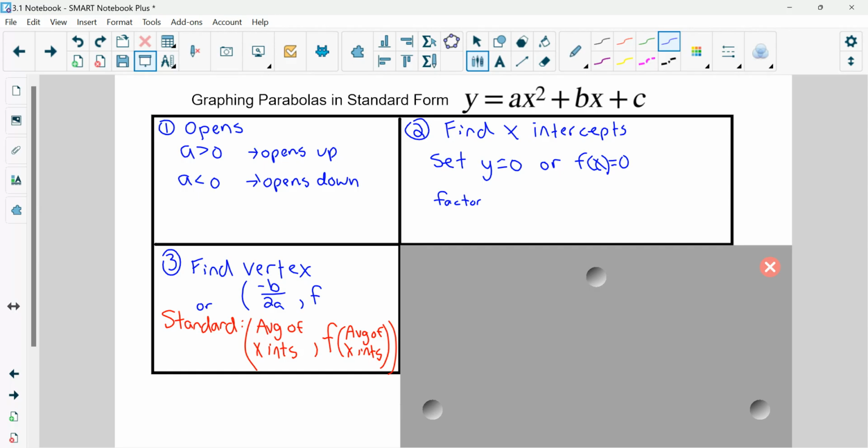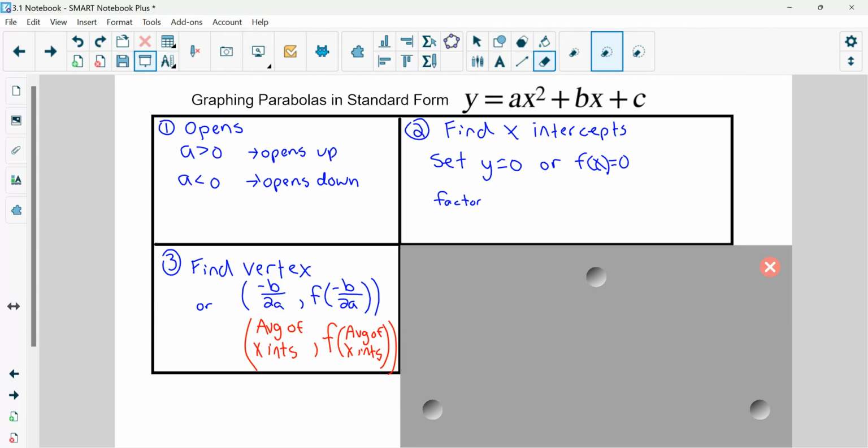And then you'd also have to find the y value for that, so then it'd be f of negative b over 2a. So it is up to you which way you would like to do it, but either one would work. And I'll show you both ways.